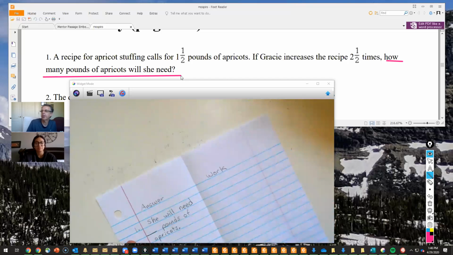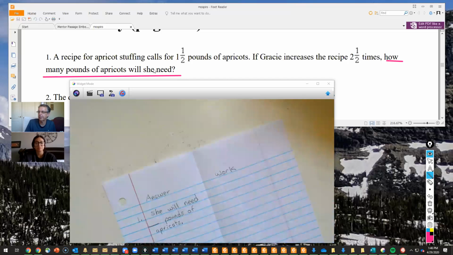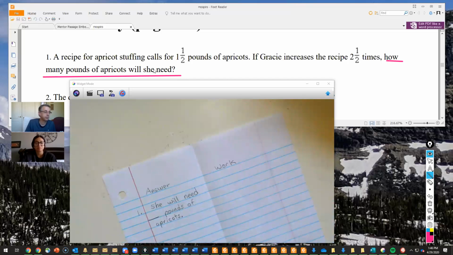Now, when I look at this, boys and girls, the number monkey can be involved in this one sometimes. When I see that 1 1/2 pounds of apricots, and then I look over here and I see 2.5, I tend to want to think, well, I need to add those. But that's not what we do here, boys and girls.